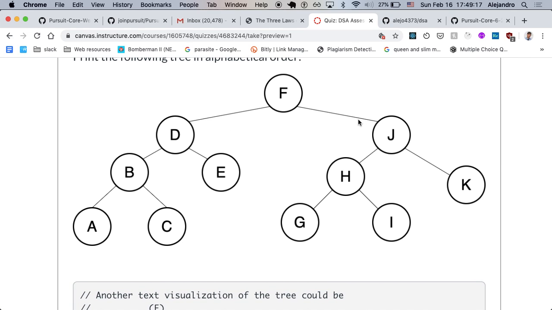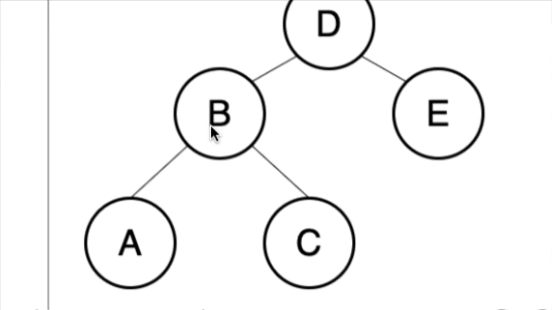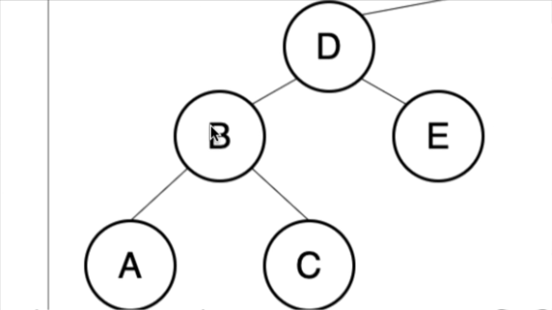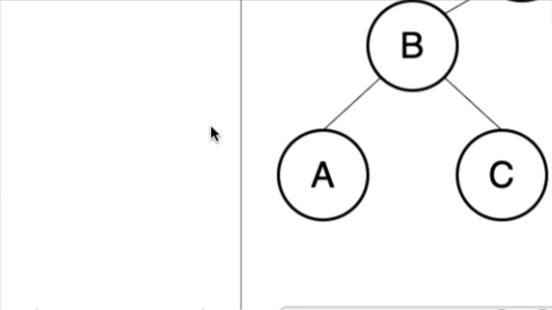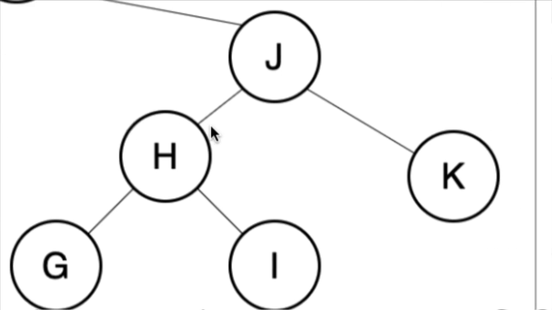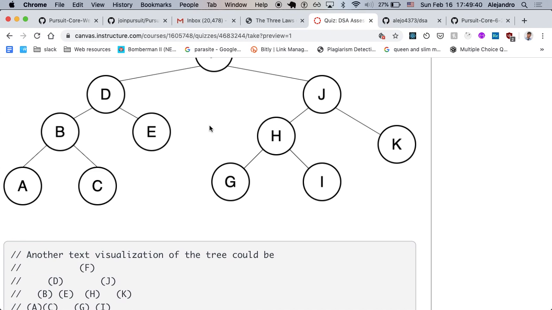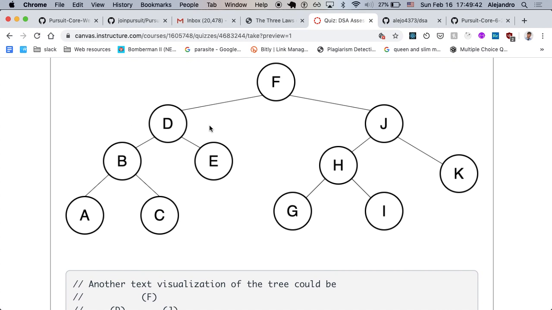Binary trees are recursive by definition, because you have this tree, but if you focus only on this area, this is also a tree, and if you focus only on this area, this is also a tree, right? Same way, this is a tree, and this is a tree as well. So we can take that recursive definition for implementing a recursive function.